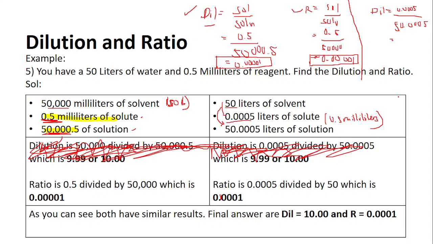So 0.005 divided by 50.005, your answer is same sine 0.0001. Okay, so ini malinis siya.